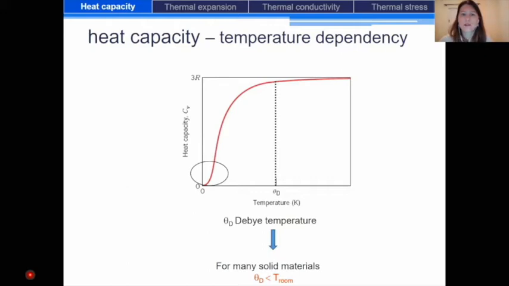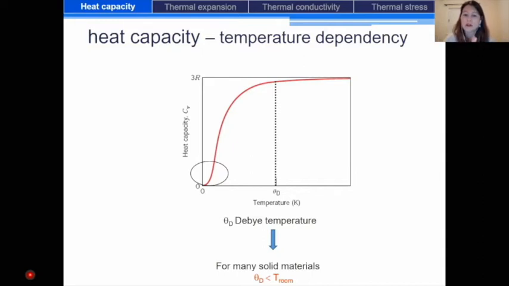So now let's have a look at the temperature dependency of the heat capacity. So in this figure, you can see the evolution of the heat capacity with the temperature. And it seems that there are two parts on this figure. There is one on the left part of the figure, from 0 Kelvin to a temperature which is theta D, where there is an increase of the heat capacity with the temperature.